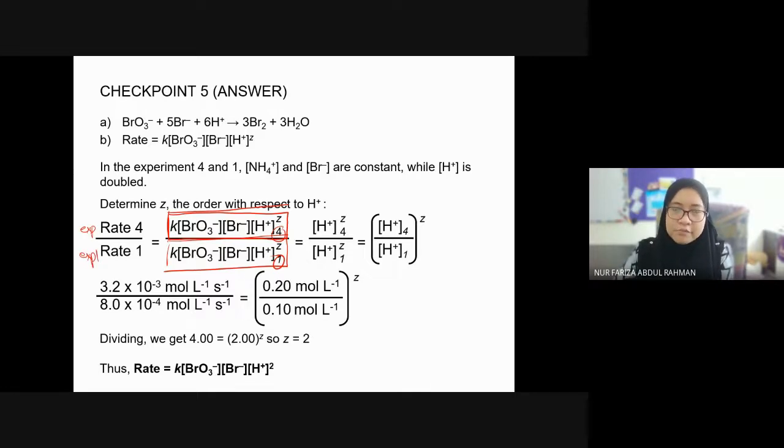Okay, so jawapan kepada soalan awak tadi, kena adalah. Sepatutnya proper way is to have all the reactants in it. Unless it is stated in the question that that particular concentration, the order is equal to 0.